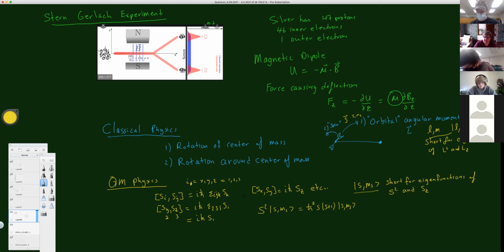Okay, and this looks a lot like the L squared equation, right?